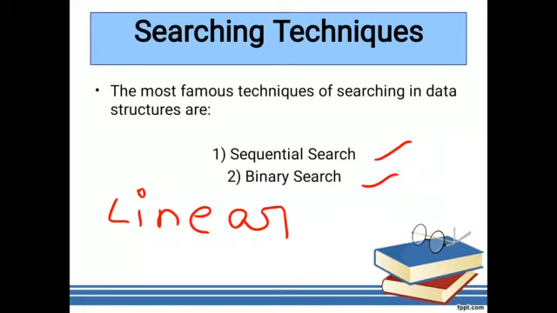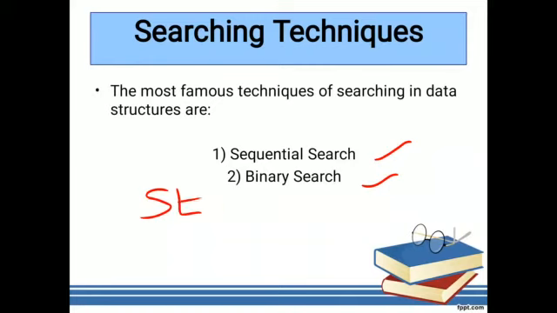Whenever we are searching for an element, many cases are there. For example, consider three cases. The element will be found at the starting position, which means the element we are finding is located at the first position. When we compare with the first element, immediately we find that the element is located.